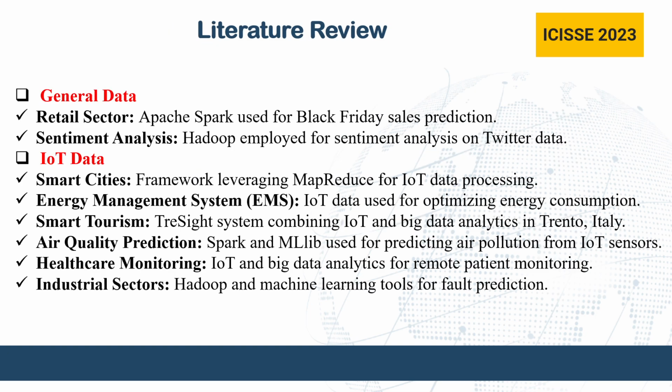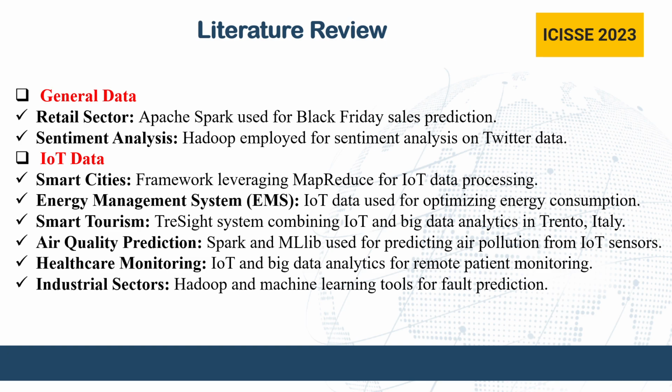So in our literature review, general data and IoT data. In general data, in the retail sector, Spark is used for Black Friday sales prediction. For sentiment analysis, Hadoop is employed on Twitter data. For IoT, smart cities: a framework leveraging map-reduce for IoT data processing.